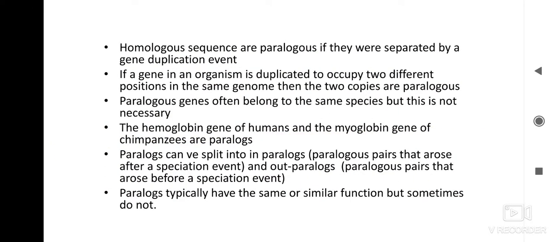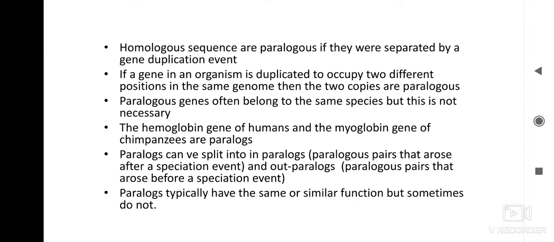Homologous sequences are paralogous if they were separated by a gene duplication event. If a gene in an organism is duplicated to occupy two different positions in the same genome, then the two copies are paralogous. Paralogous genes often belong to the same species, but this is not necessary.